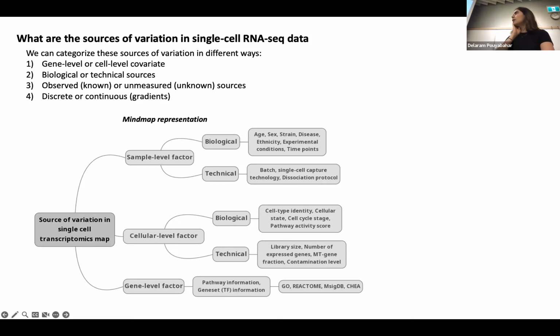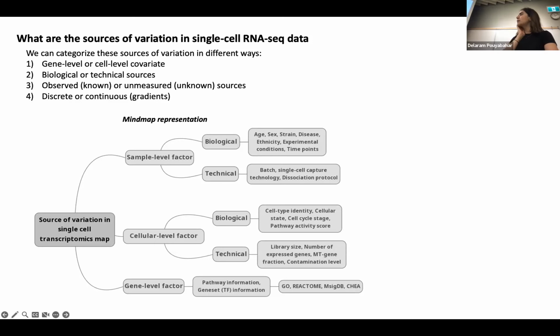One approach I find useful for thinking about modeling variation in single-cell transcriptomics data is to categorize them based on whether there are sample level attributes, cell level or cellular level factors, or gene level factors. And each of these categories can have some biological examples and technical examples.